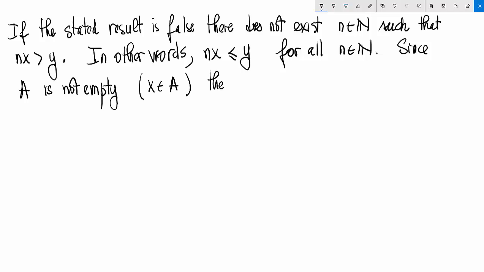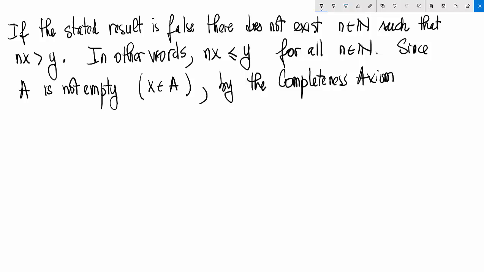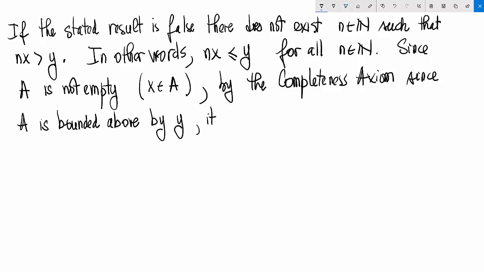So since A is not empty, and since A is bounded above by y, by the completeness axiom it has a supremum.